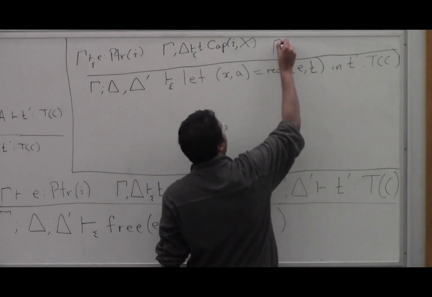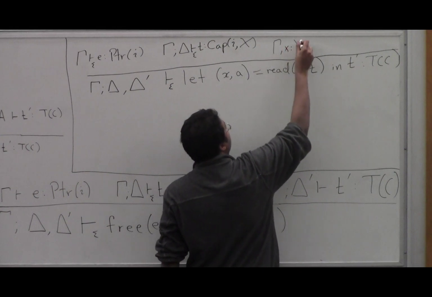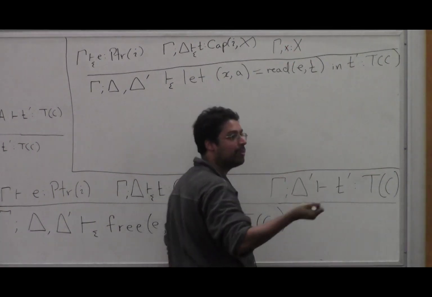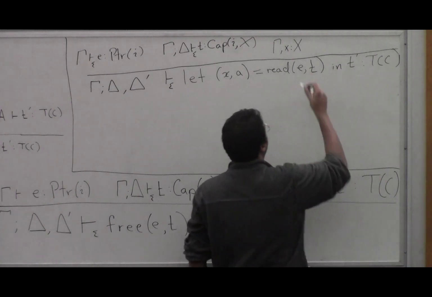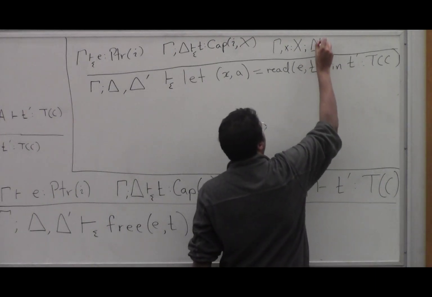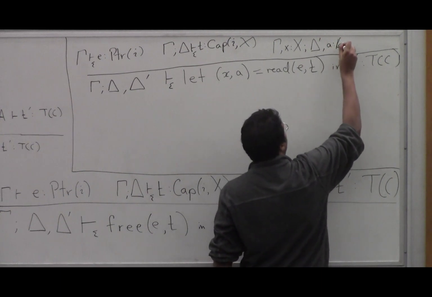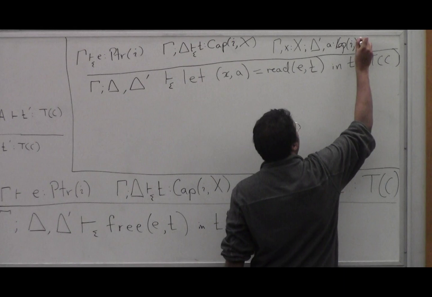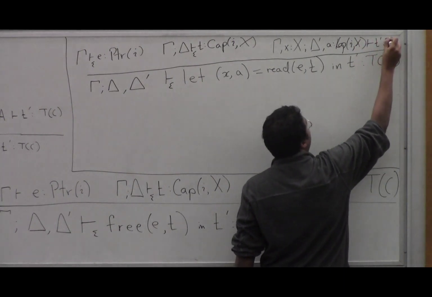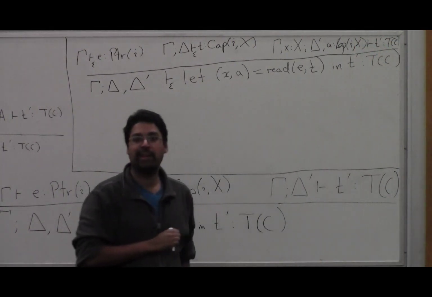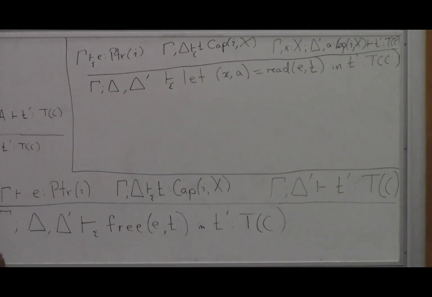So we'll put X into our intuitionistic context, because we've dereferenced this pointer. And then we will add the capability back, and then we'll check that, sorry, that's a little small. And then we'll get back this continuation t prime, which will use the newly read value again.